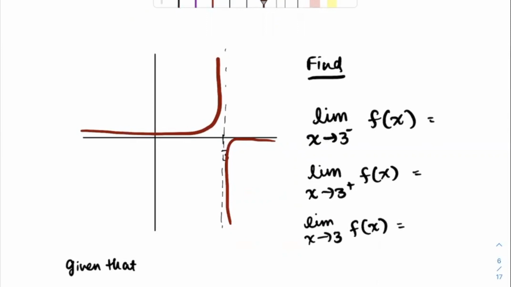All right, so the goal is to find the left and right-hand side limits as x approaches 3 of this function, and to find the total limit if it exists.